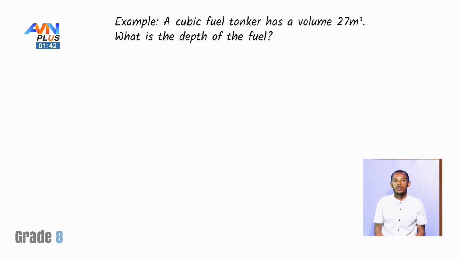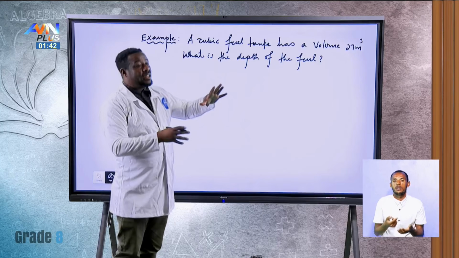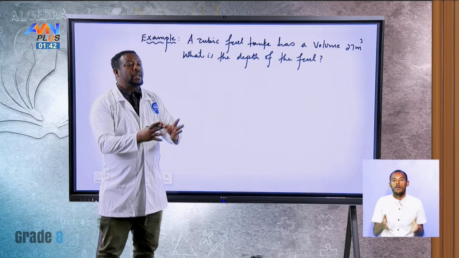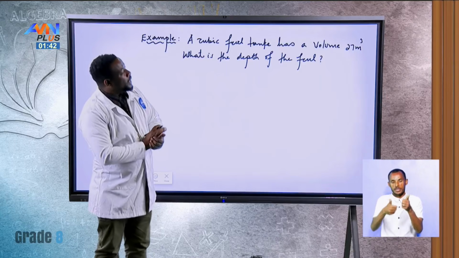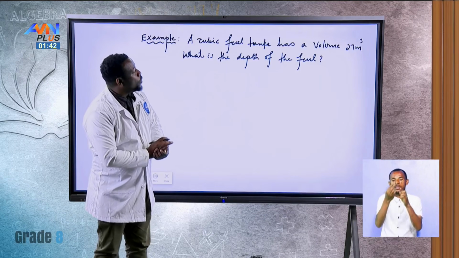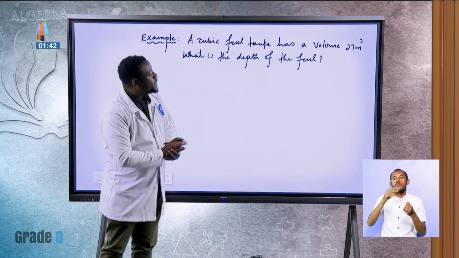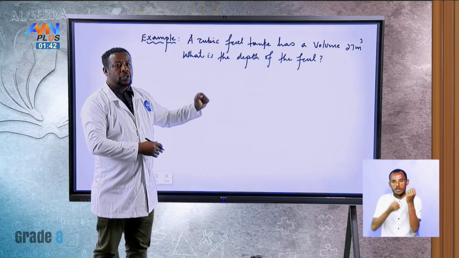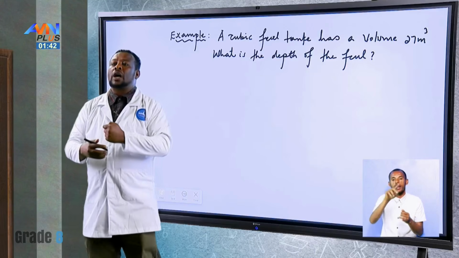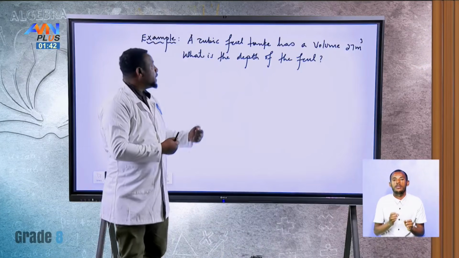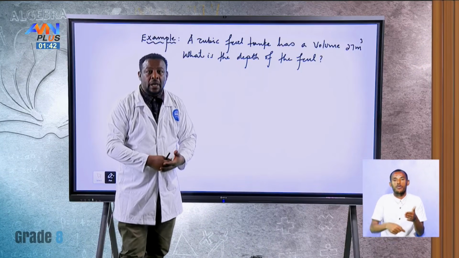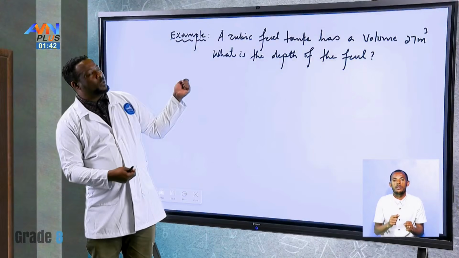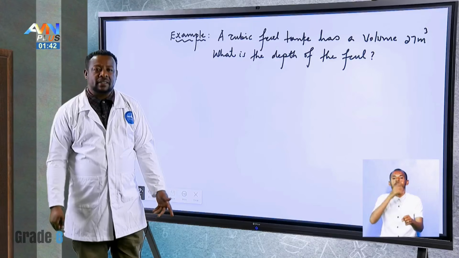Okay, here there is a fuel tanker whose shape is cubic, and that fuel tanker has a volume of 27 meter cube. So based on this information, you are asked to calculate the depth of the fuel, meaning that you are asked to calculate one of the lengths of the sides.